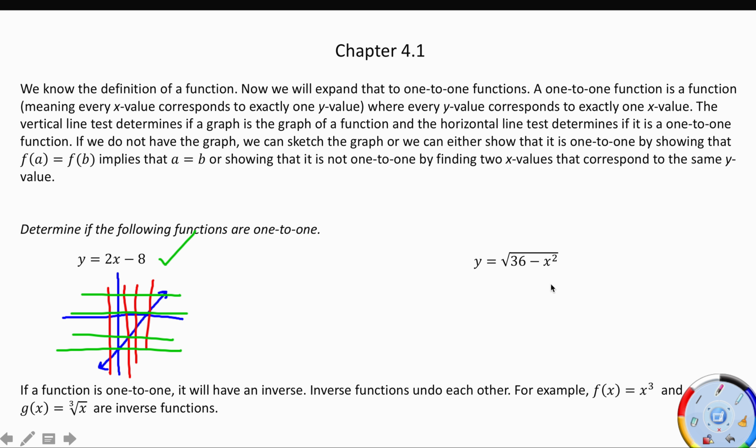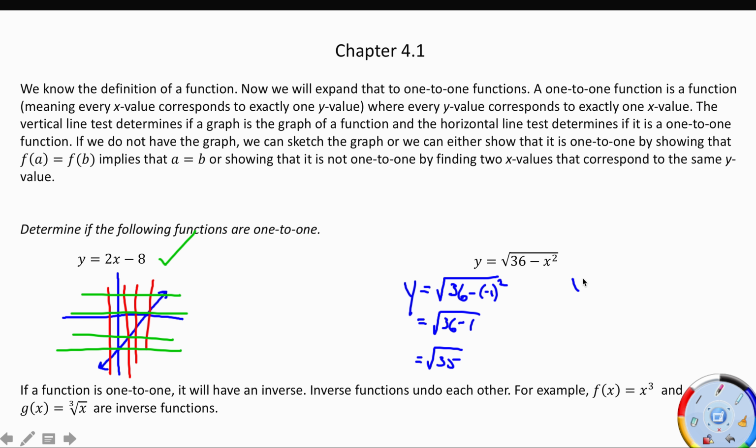This one, the graph of that one may be pretty hard to determine. It's not just the square root of 36 minus x, but I might notice, hey, I have this x squared in here. If I let x equal -1, then I have y equals the square root of 36 minus -1 squared, or the square root of 36 minus 1, which is the square root of 35.